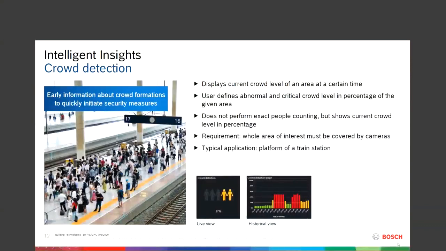Then let us have a more detailed look at the use cases. First, crowd detection. With this use case, we can define abnormal and critical crowd levels in an observation area, and the widget can give instant information to the operator that crowd forming in a specific area should get his attention, or that he should maybe open some other areas to allow the crowd to distribute, or whatever the scenario is.